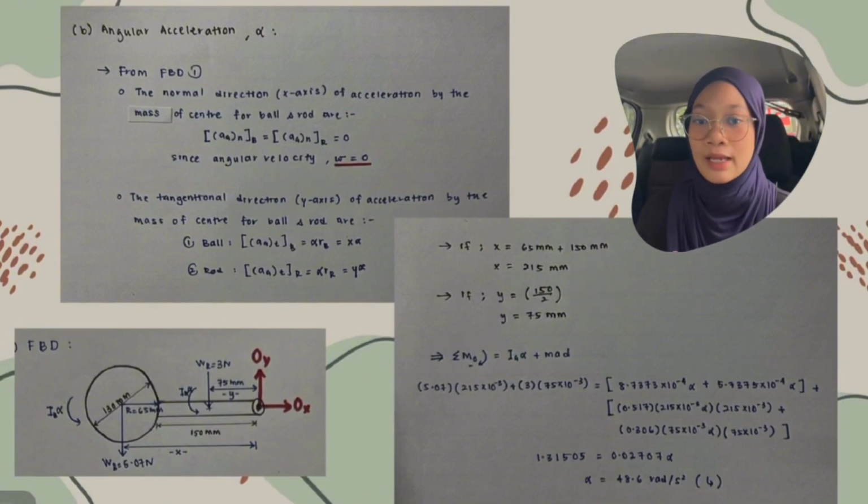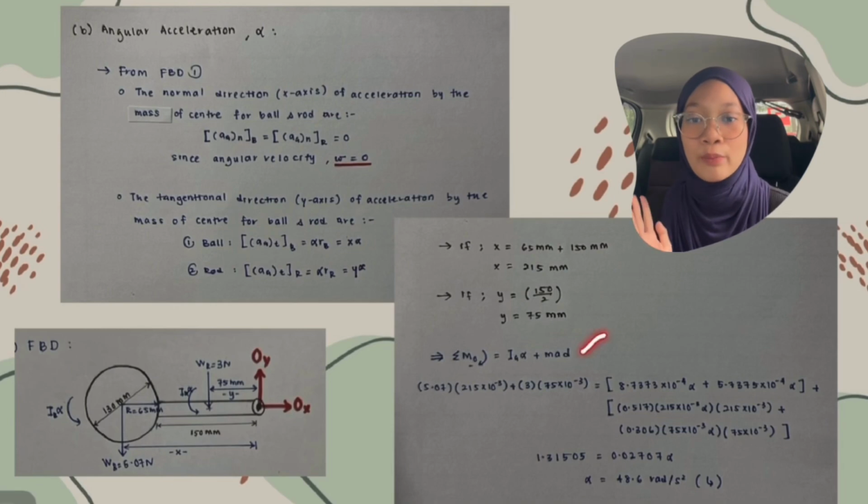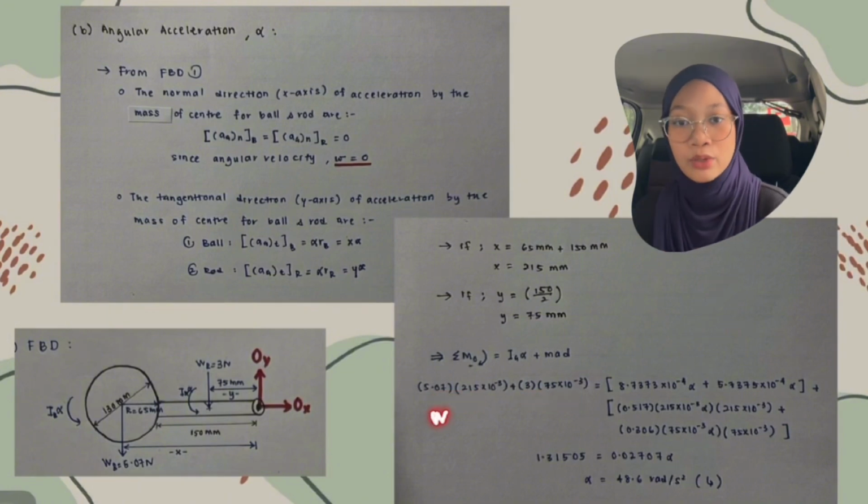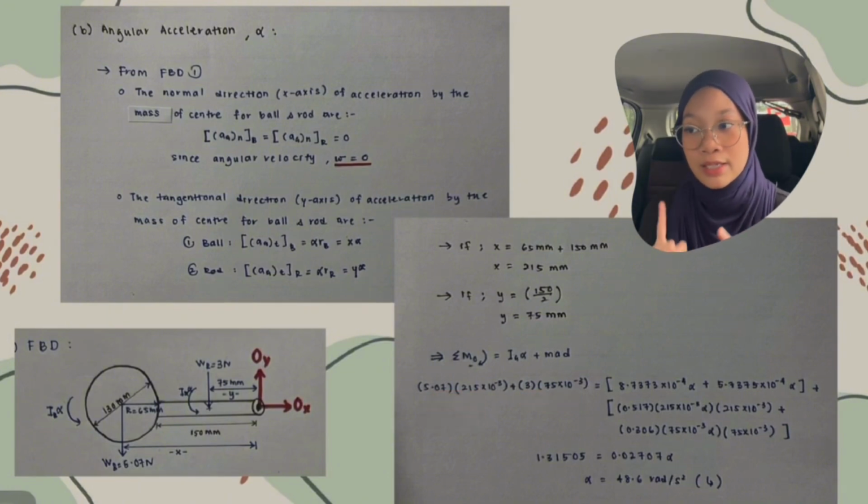Then to calculate the angular acceleration, we have to apply the total moment at O is equal to I alpha plus mad. Since moment is equal to force times distance, the weight of the ball and also the slender rod has to be multiplied by the distances x and y.